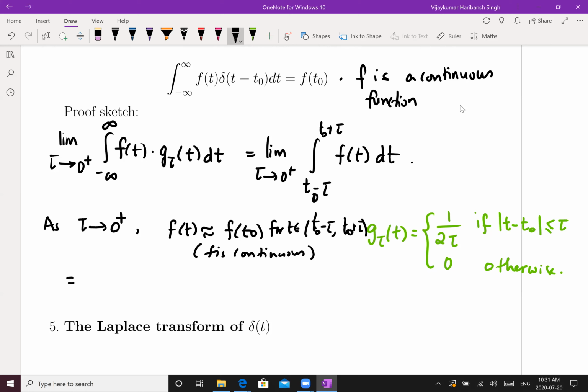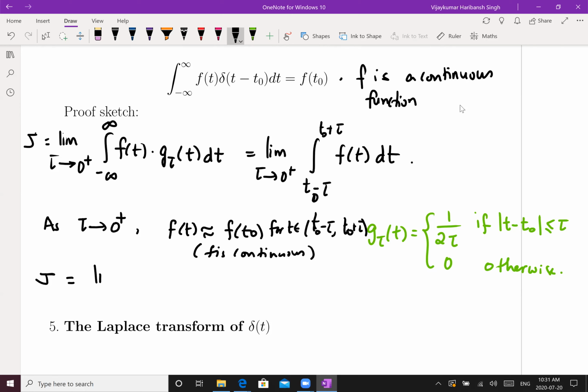So now I can replace in this integral. Let's use another notation for this integral, say J. J equals, then I can replace f of t by f of t naught.